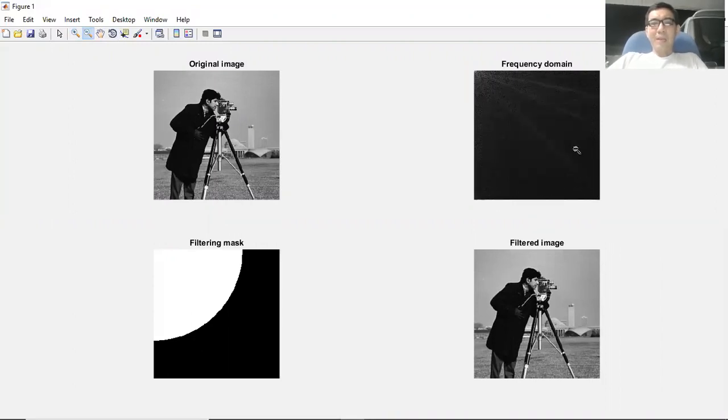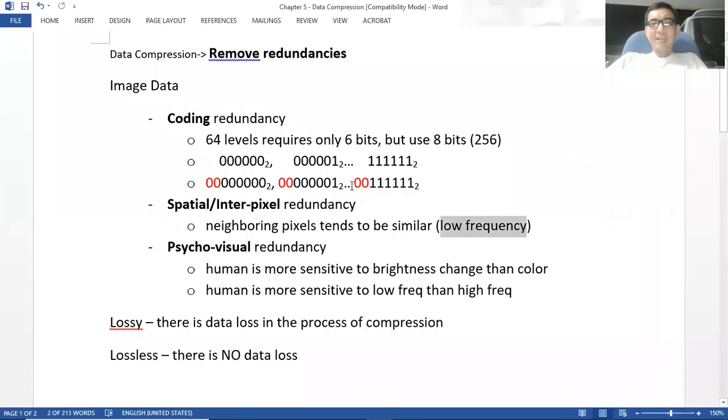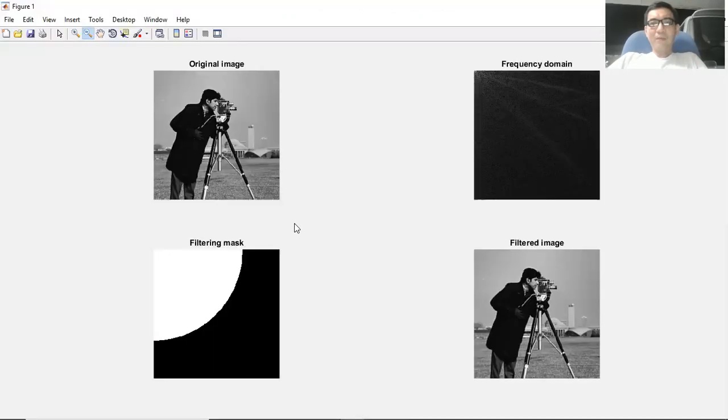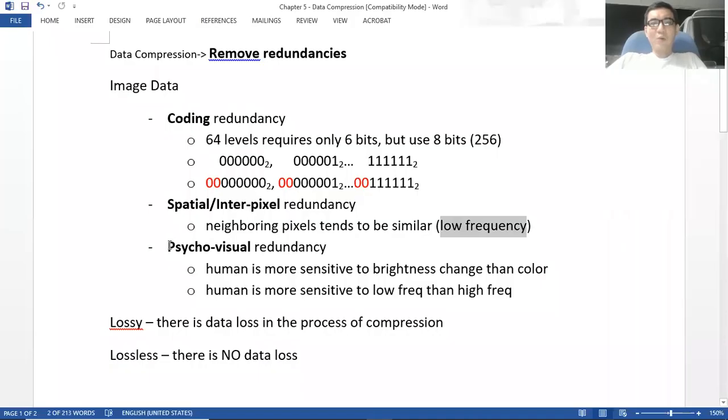All right, and if you look at this, coupled with another redundancy we call psycho-visual redundancy. What is psycho-visual redundancy? For example, we humans are more sensitive to brightness change than color. I'm going to talk about it later. We are also more sensitive to low frequency than high frequency.